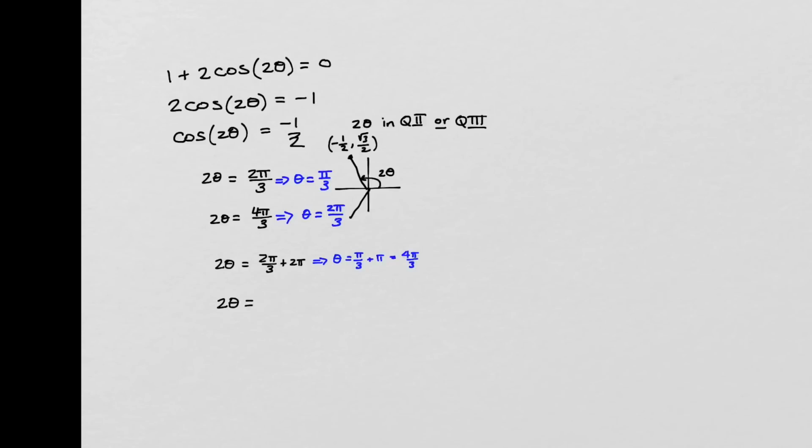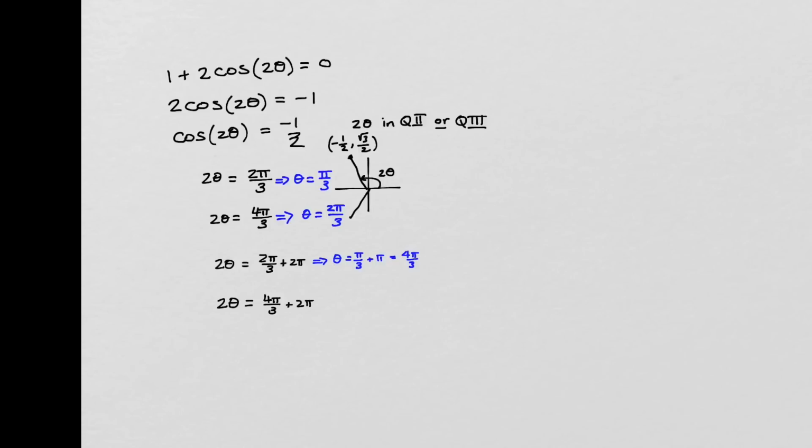Well, it could equal whatever angle is coterminal with 4 pi over 3 in quadrant 3. And so I'll take 4 pi over 3 plus 2 pi.